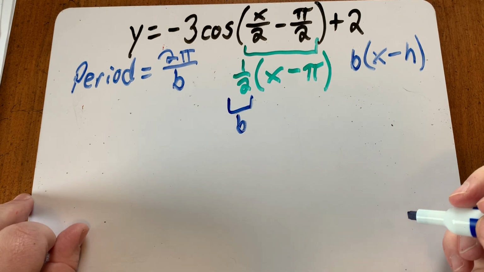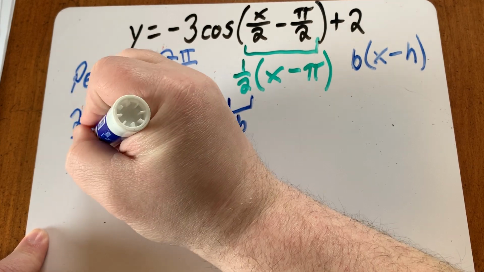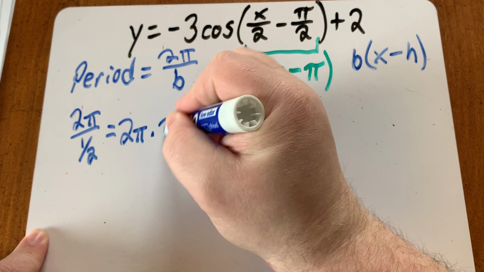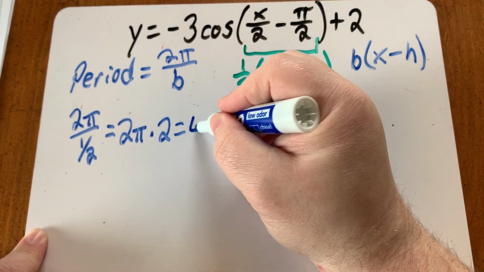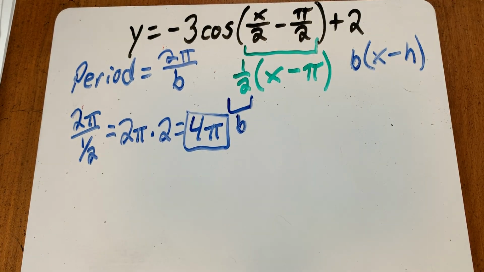So in this case, 2 pi divided by 1/2. Dividing by a fraction is the same as multiplying by the reciprocal. Reciprocal of 1/2 is 2. So it's 4 pi. That's our period. So this function repeats itself every 4 pi units.